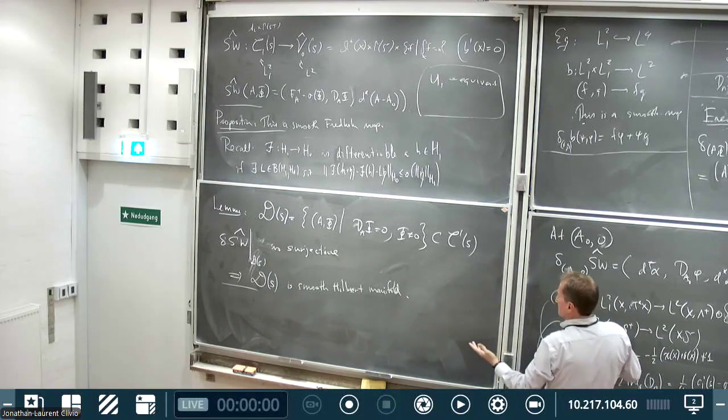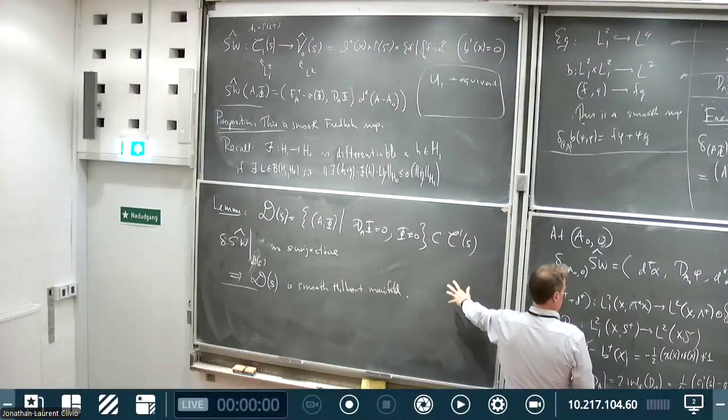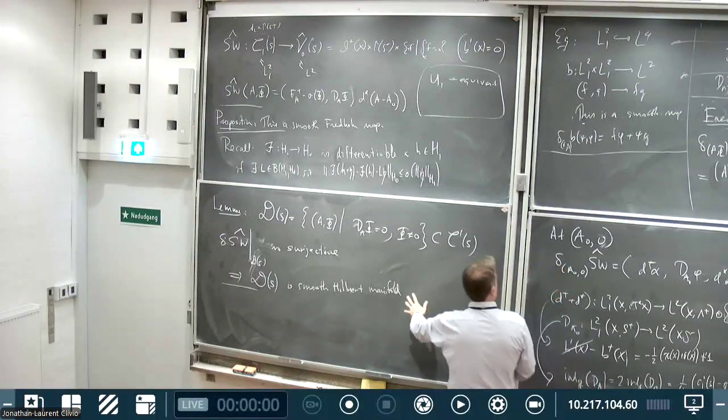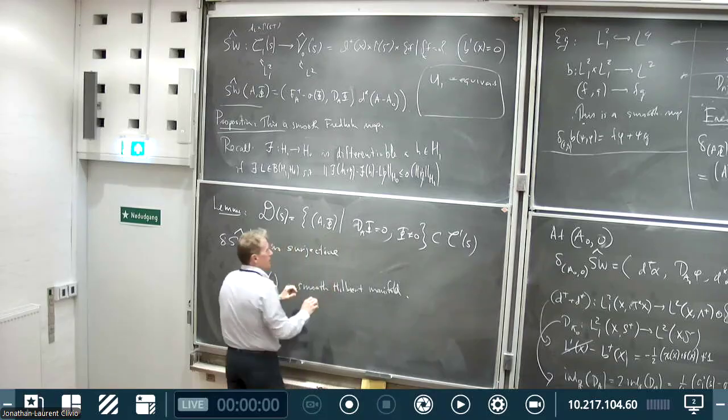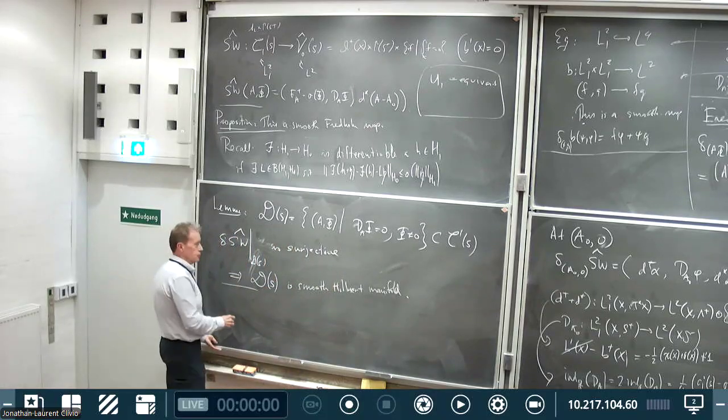The differential was here. Anyway, you can check with some work that it's actually surjective, and this is a Hilbert manifold.